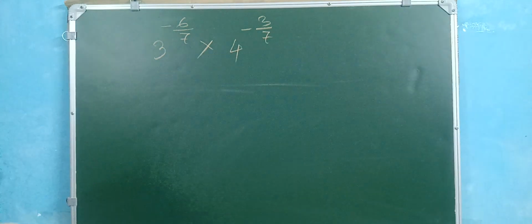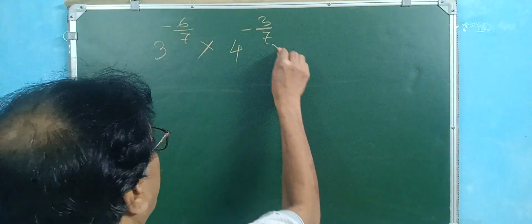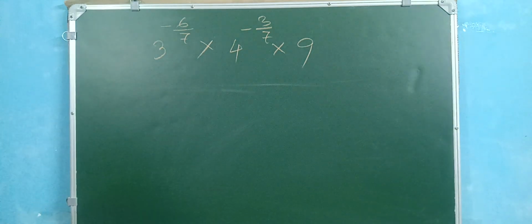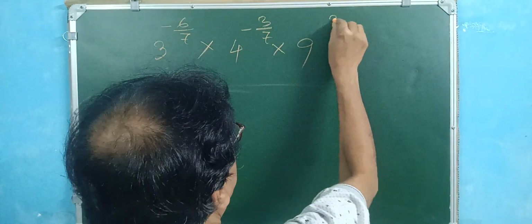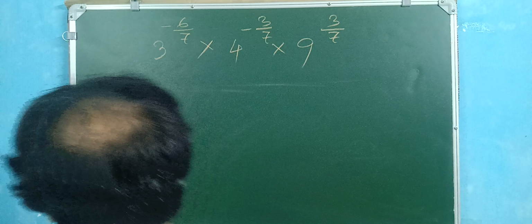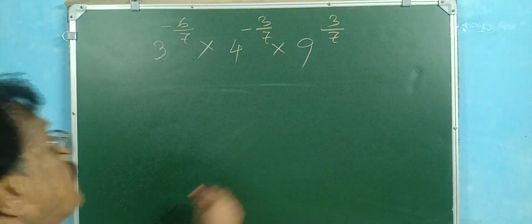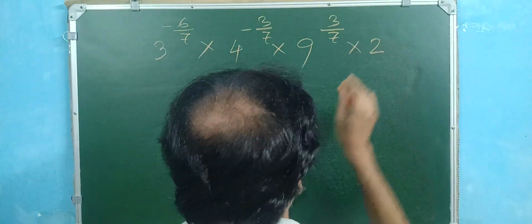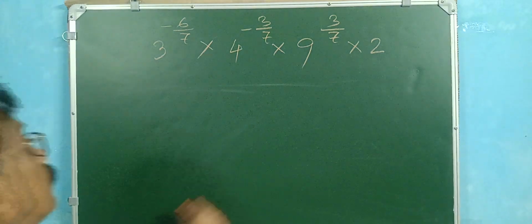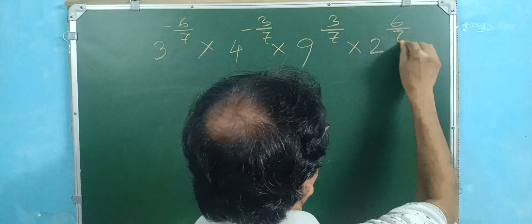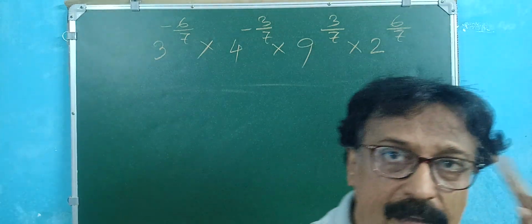Now this is 9, a very interesting sum, 9 to the power 3 by 7, and this is into 2 to the power 6 by 7. This is a sum, okay, no problem.